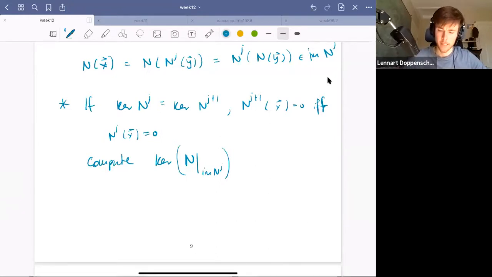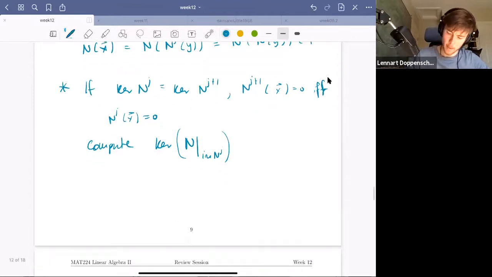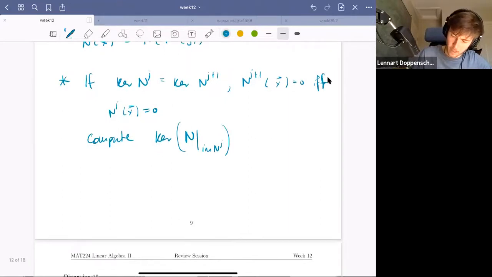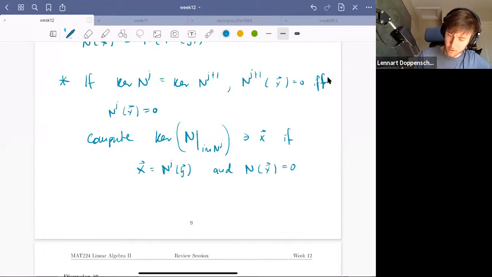What is that? Well, it is all the vectors in the image that are sent to 0. So x is in here if x is equal to n to the j of y for some y, and n of x is 0.